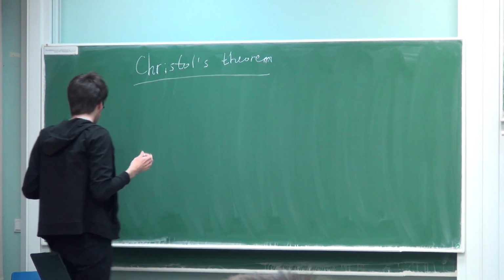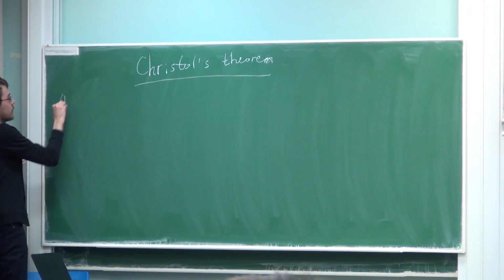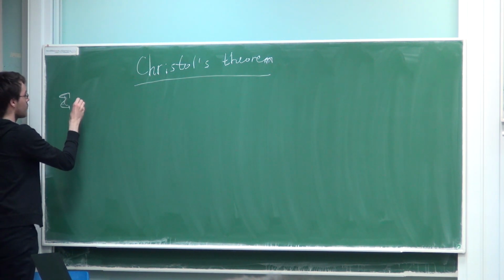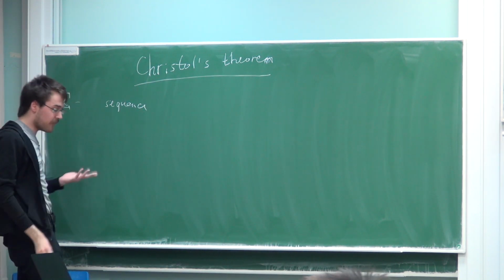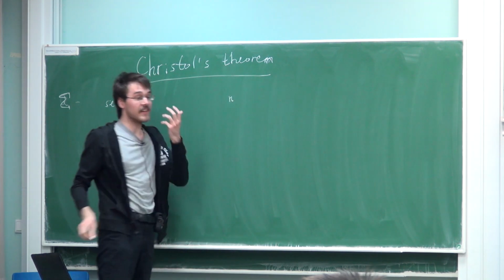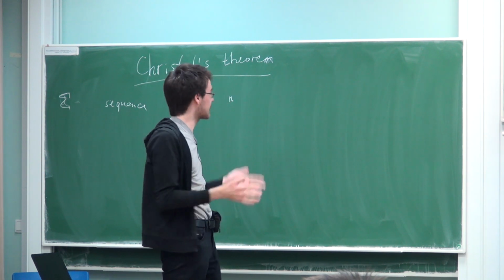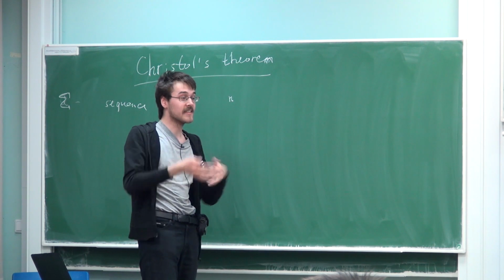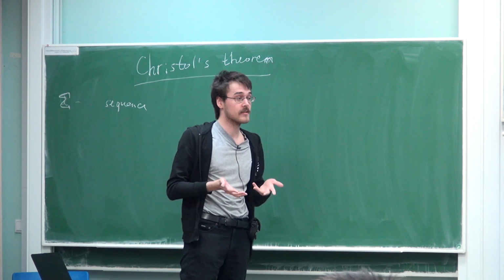Christol's theorem. Let's say that a sequence of elements of some finite set Q, with a finite set sigma, is 2-automatic if we have a finite automaton that reads the binary notation of n and outputs the nth element of the sequence.